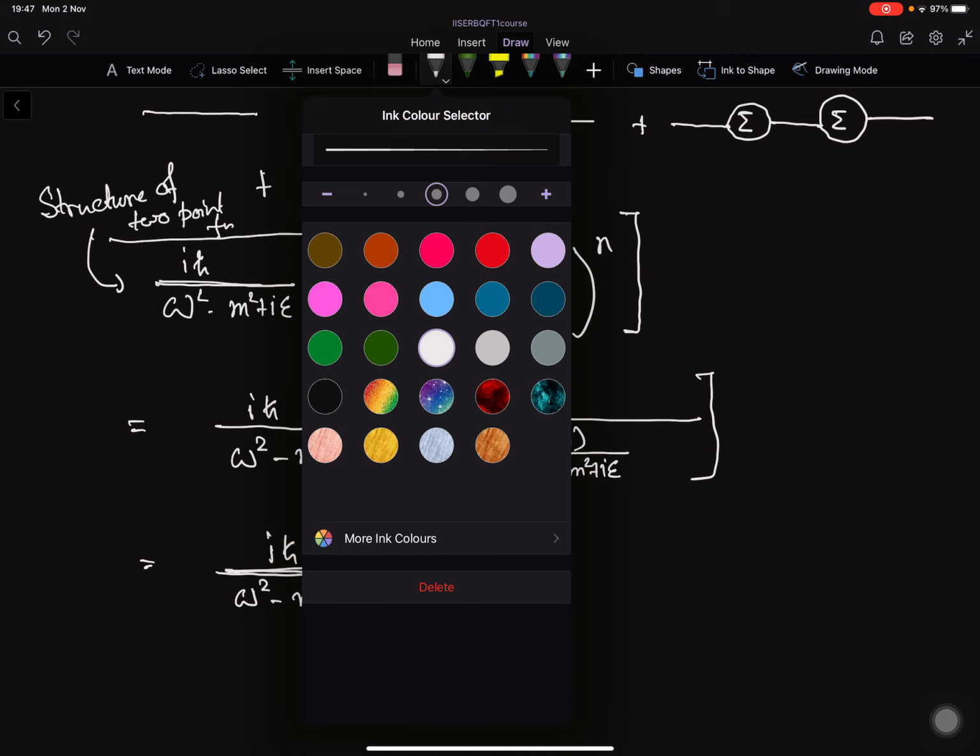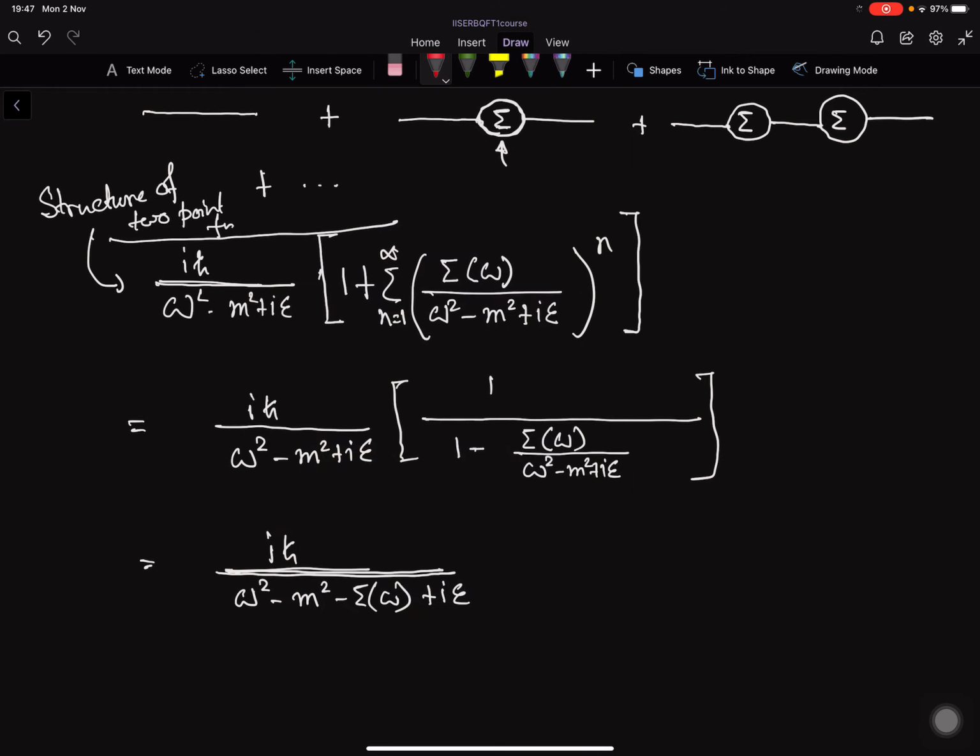Okay, and this is a very useful formula. So this formula is the structure of the 2-point function, the analytic structure of the 2-point function.